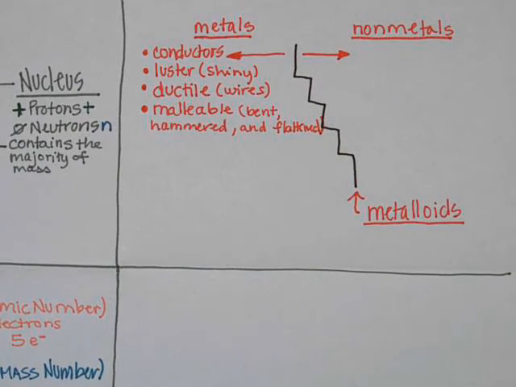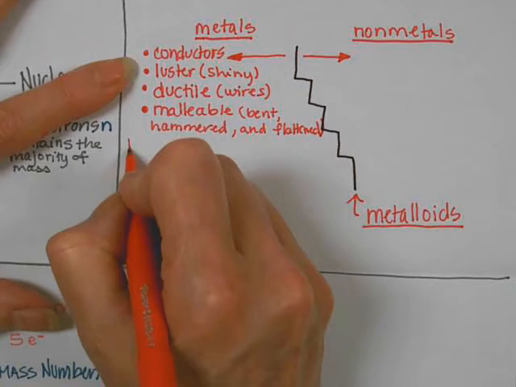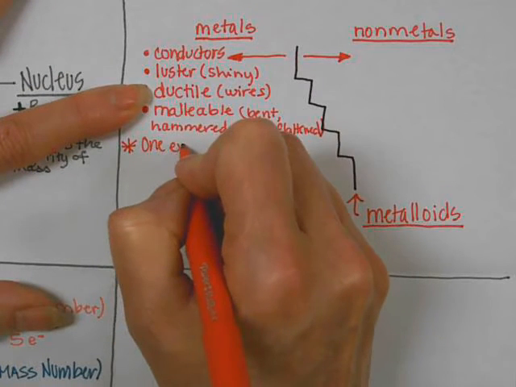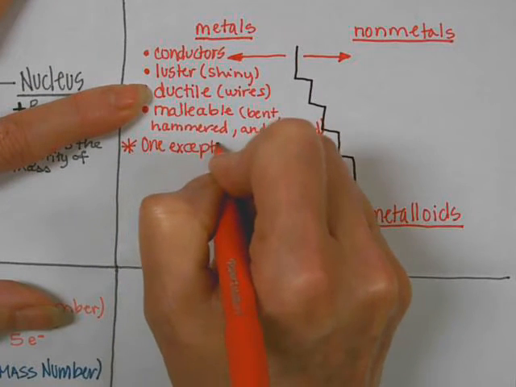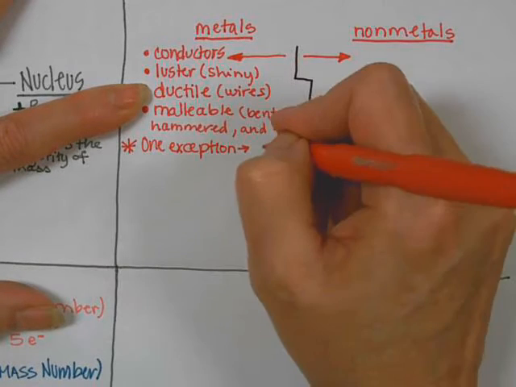All right. So that's pretty much the basics of the metals. You also need to remember there's one exception, and that is hydrogen.